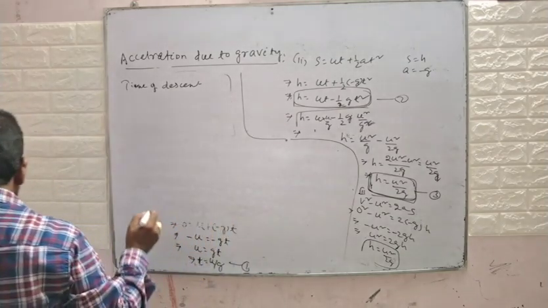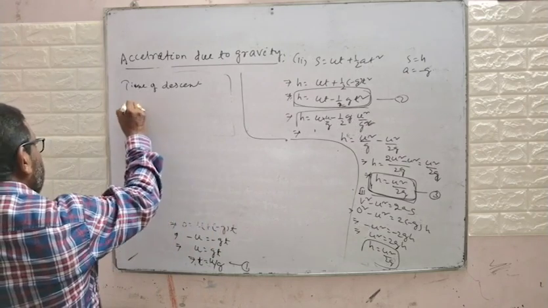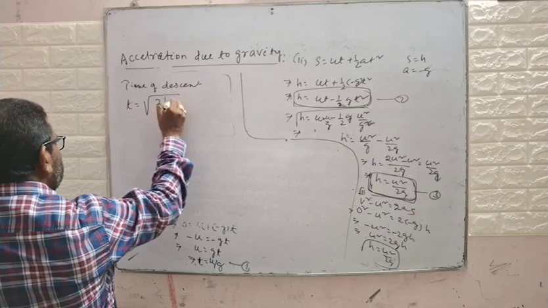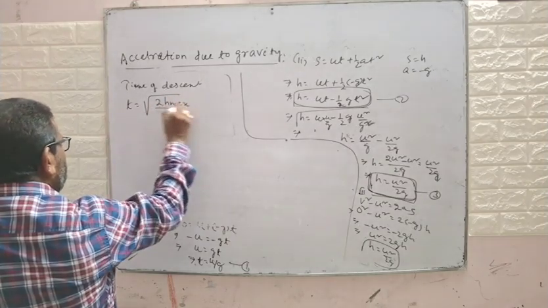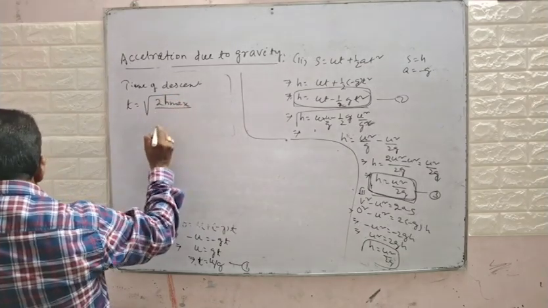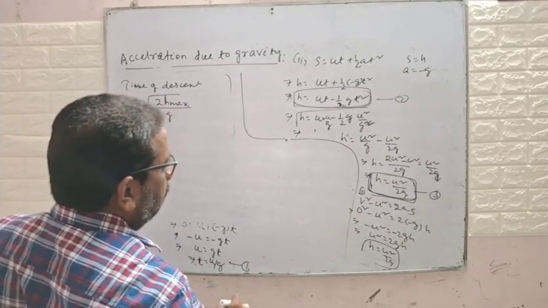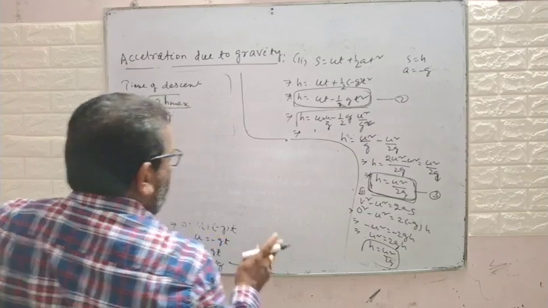Here t equal to root over 2h max, meaning maximum height, by g. How can we get this?